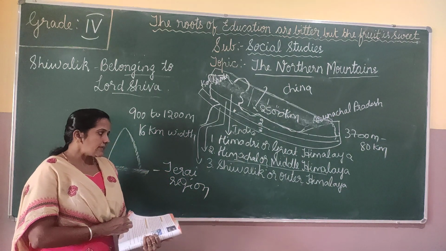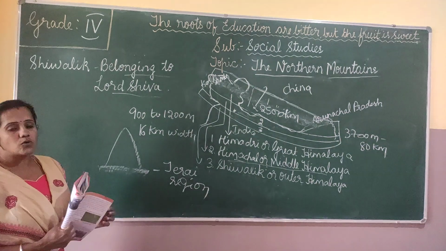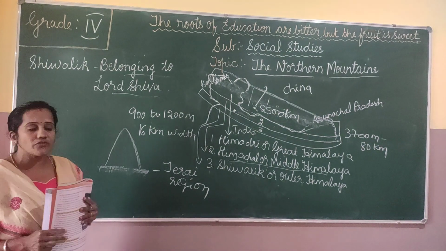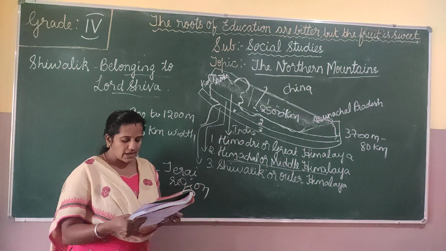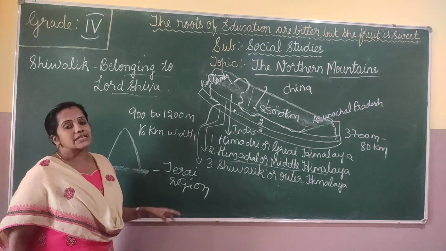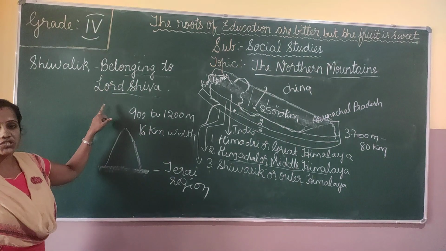Here I'll repeat once again. The third parallel range of the Himalayas is the Shivalik or Outer Himalaya. Shivalik is a Sanskrit word meaning belonging to Lord Shiva.